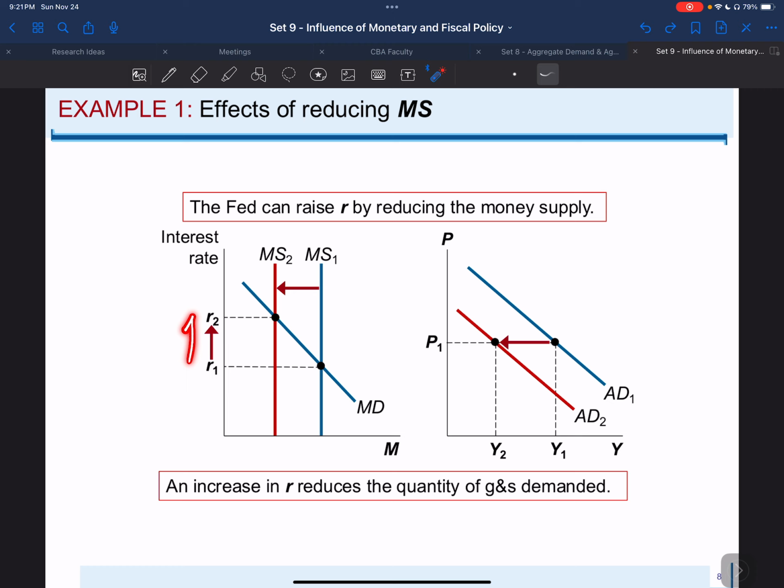This effect of increasing the interest rate is going to affect consumption and investment, right? So the consumption and investment will decrease, and as a result, we will see a shift in the aggregate demand to the left.